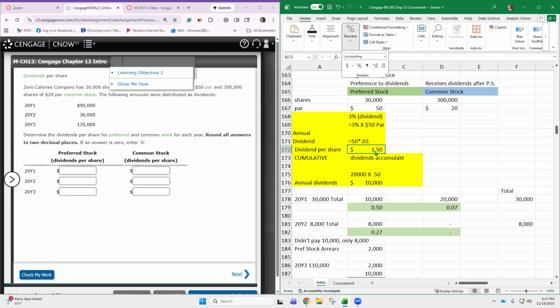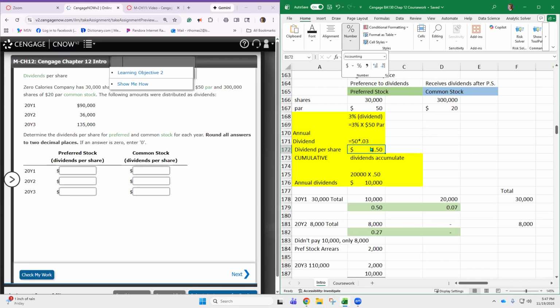And if they don't, it accumulates until they do pay it to them. So sometimes if a company has preferred shares that have a cumulative characteristic, and they don't pay enough or don't pay any dividends, then preferred gets back paid their dividends first before common will get any.